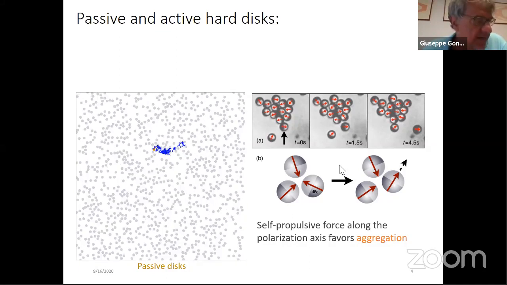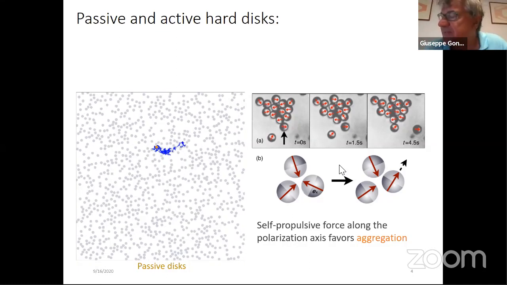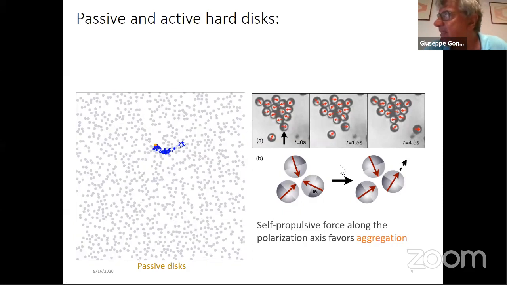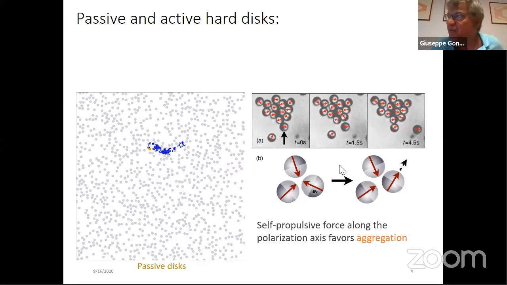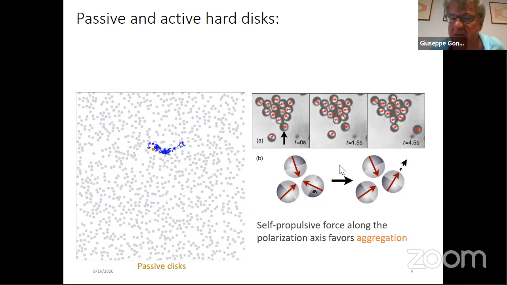You have spheres where the two halves are coated by different metals, and this produces a chemical reaction in the fluid around each colloid, and this chemical reaction produces a flow that pushes the particles in the direction, for example, of these red arrows plotted in the pictures. So each colloid has a sort of polarity that in the fluid makes it self-propelled in this direction.